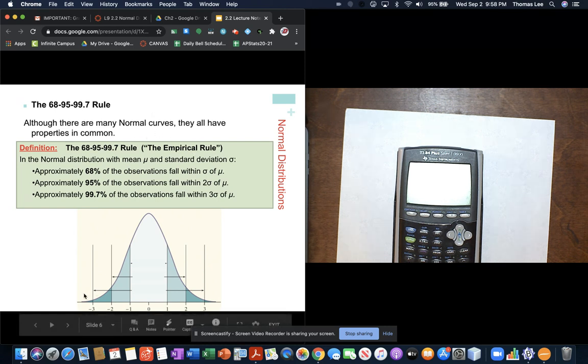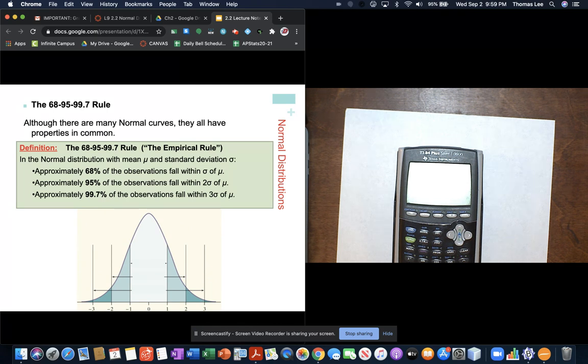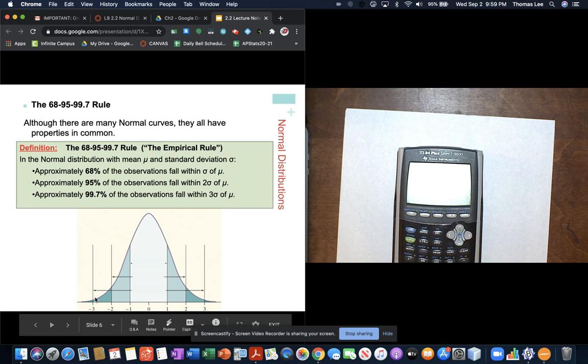If you have this normal curve, and now it's a density curve, what we're interested in is not just the curve itself, but really the area that lies underneath the curve. We know that the 2 characteristics of a density curve are that it never touches the x-axis, and that the total area below the curve is 1.